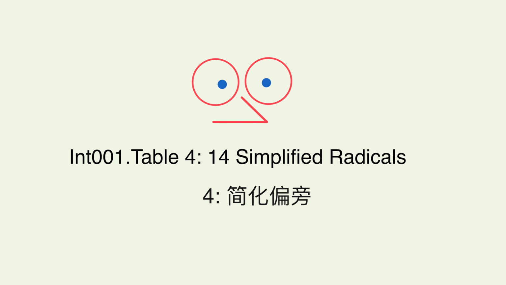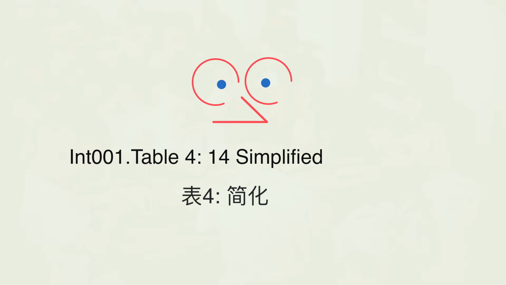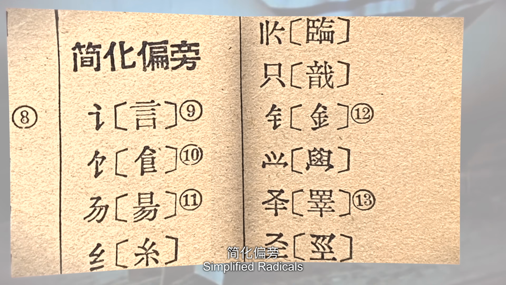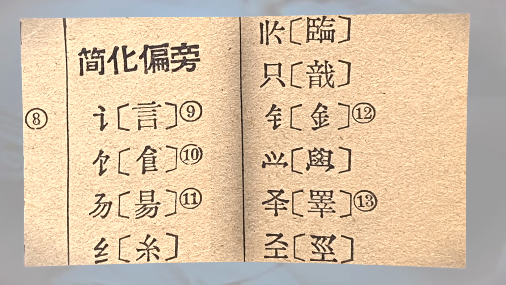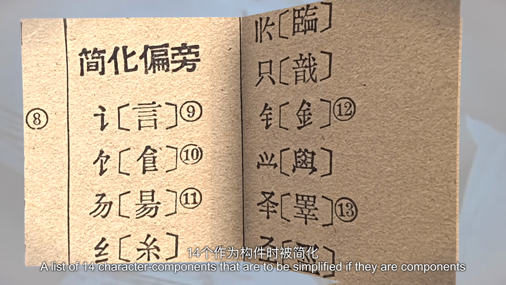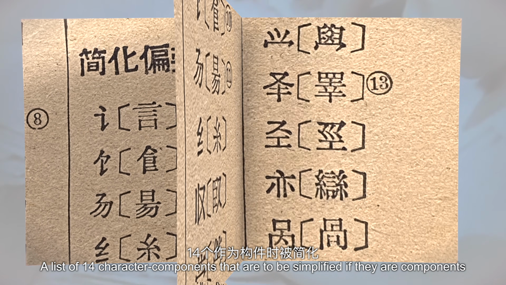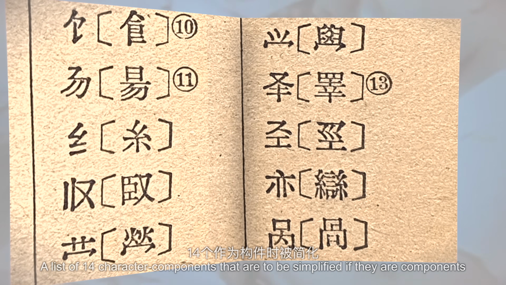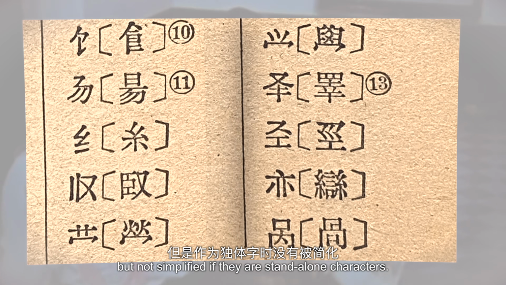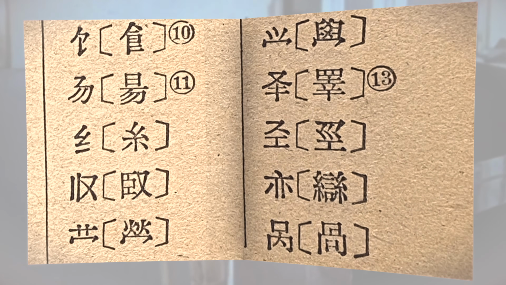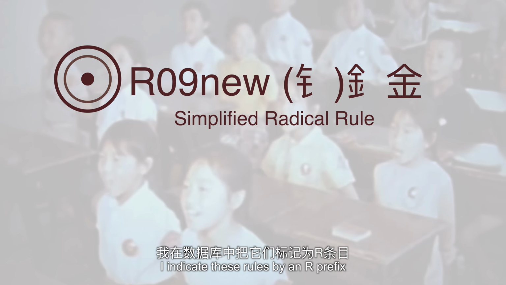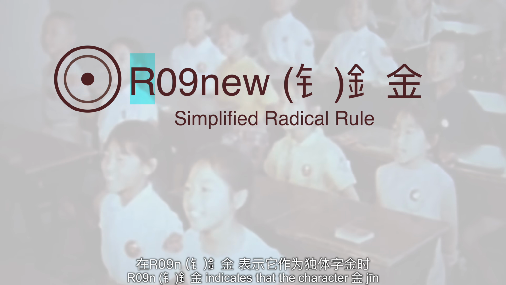Table 4. Simplified radicals. Jianhua Pianpeng. Simplified radicals. A list of 14 character components that are to be simplified if they are components, but not if they are standalone characters. I indicate these rules by an R prefix.